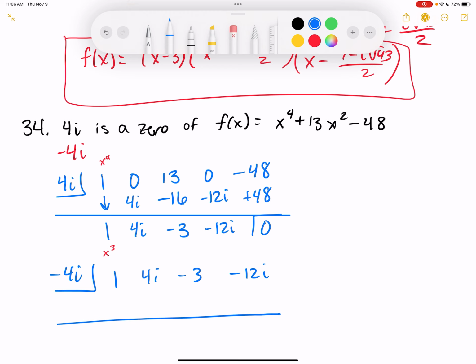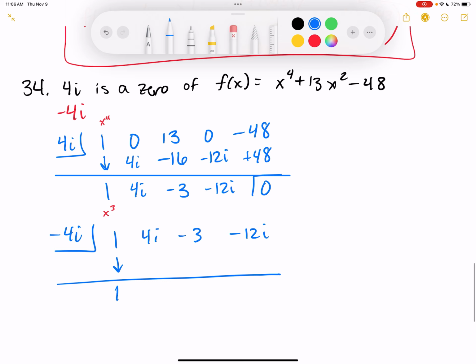And then I go through the exact same process I just did. Bring down the 1. That's going to be negative 4i, which gives me 0. Times that is 0, which gives me negative 3. Times negative 4i would give me 12i, so plus 12i, which gives me, 12i minus 12i would be 0. So that also is a zero.